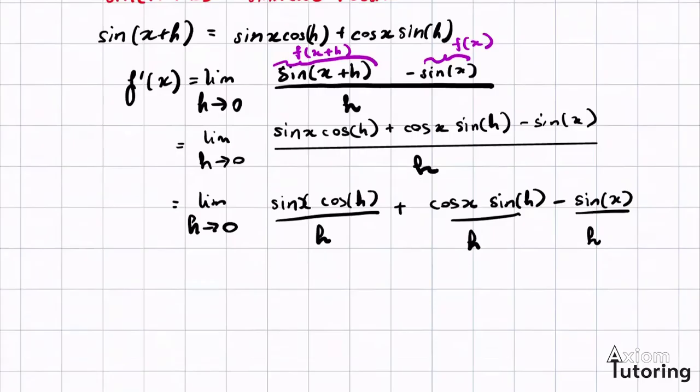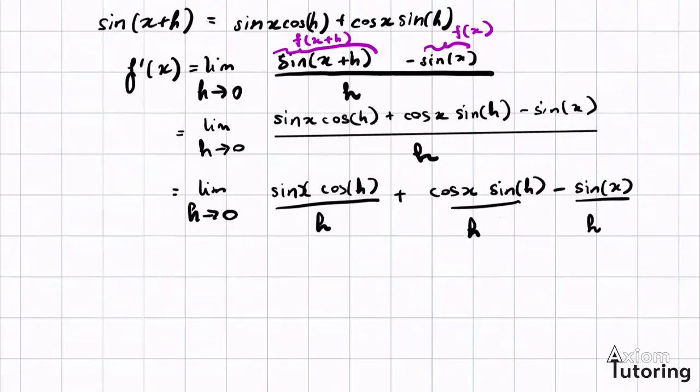We can see here that h is very small. It's a very small angle because h is tending towards 0. So we can apply our small angle approximation here.